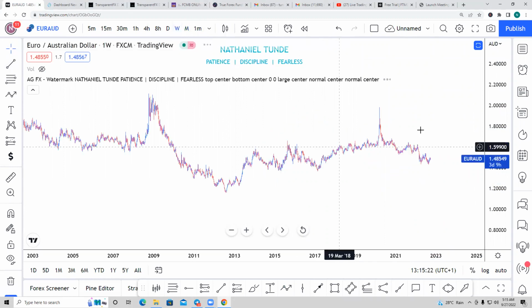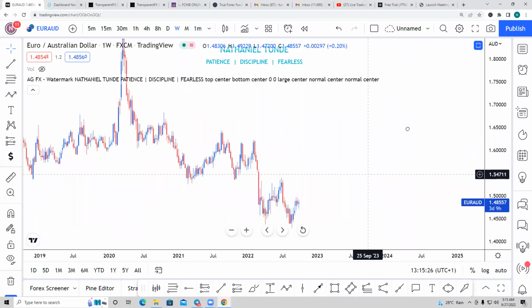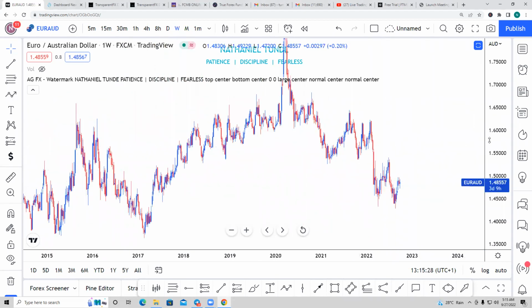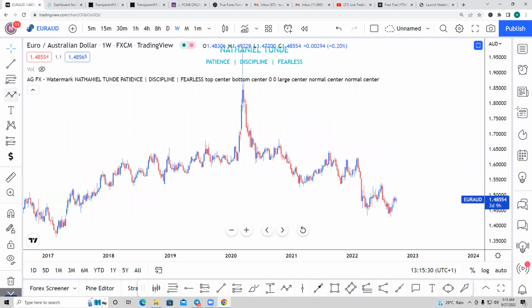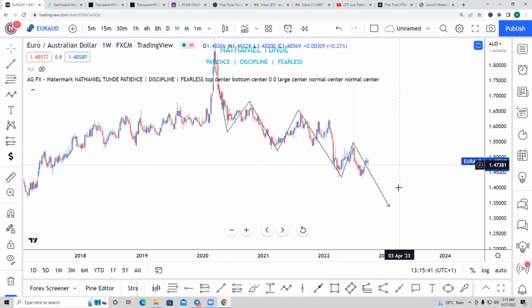Then from weekly, you can see that even though we are bearish on the monthly, it cannot just go in a straight line. It has to make an impulse, a correction, an impulse, a correction, an impulse. Then it has to correct before it makes another leg lower.